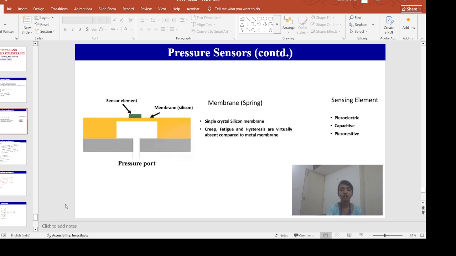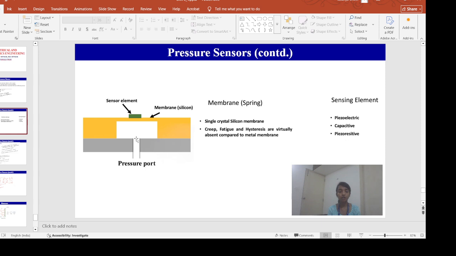Okay. So in a pressure sensor, this yellow color thing that you are observing here, that is your membrane or the diaphragm or your cantilever. Now from this pressure port the pressure is coming. At the top side of the membrane, let us say it is at vacuum.